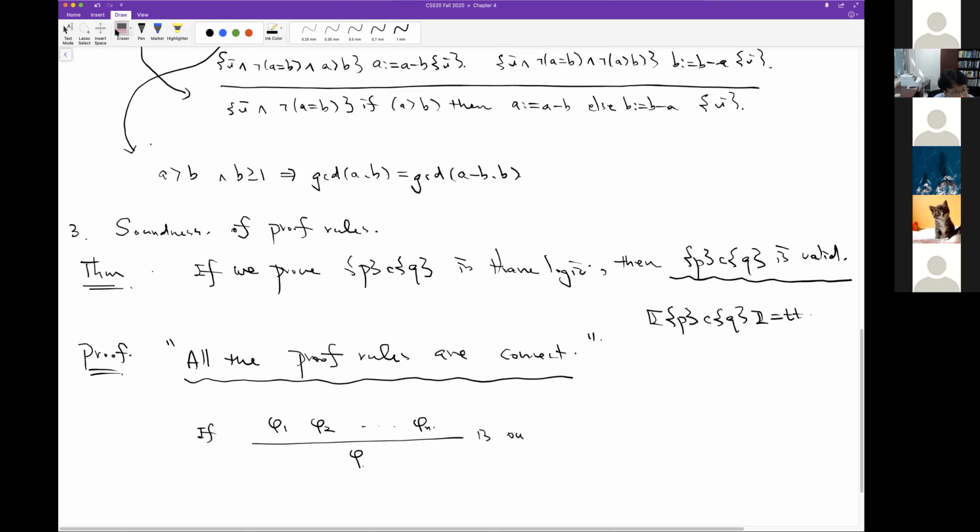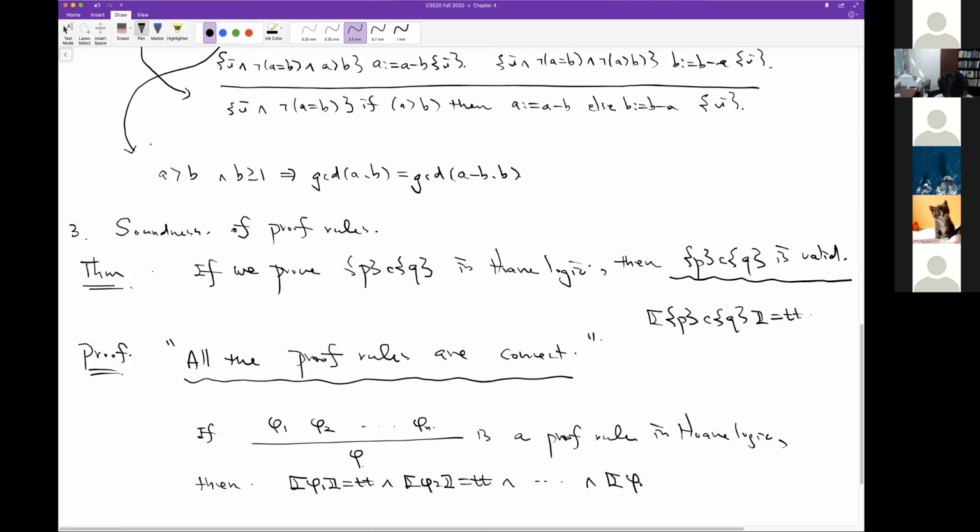if we have a proof of this form in our logic, then the following is true. We have the implication: if V1 is true, V2 is true, and so on, and Vn is true, that implies the conclusion is also true.